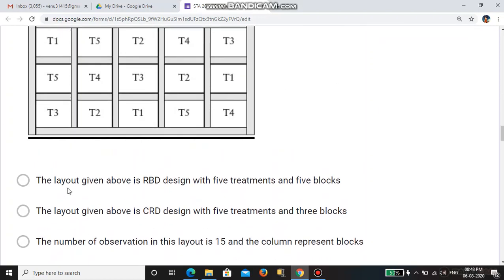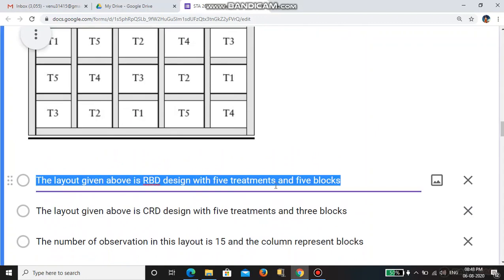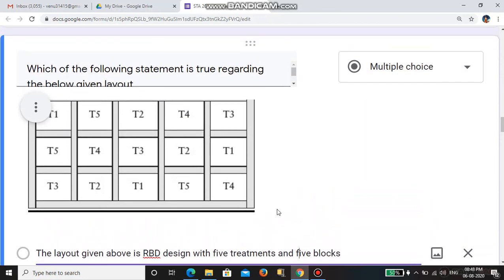So the layout given above is RBD design with 5 treatment and 5 blocks, okay, but it is false, okay. This design is RBD design, but the treatment is 5 and the block is 3 blocks.